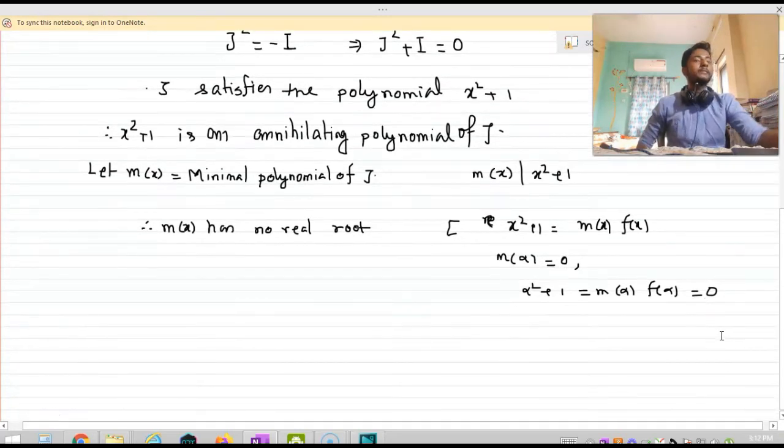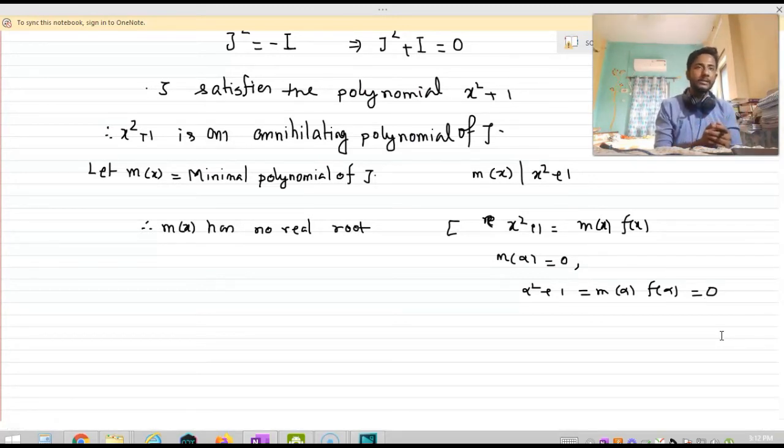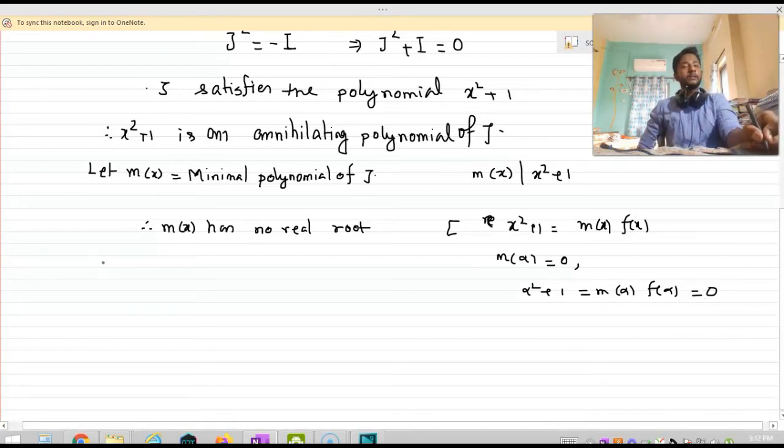Now, as m(x) has no real root, we know that the minimal polynomial and the characteristic polynomial have the same roots except for multiplicity.